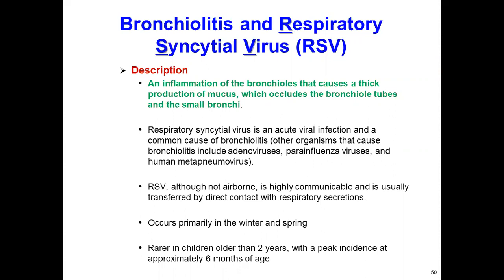Also, children under 2 years old are frequently attacked by this virus.